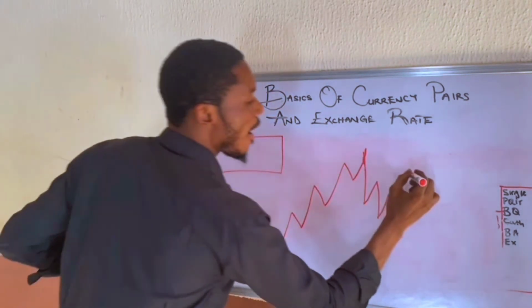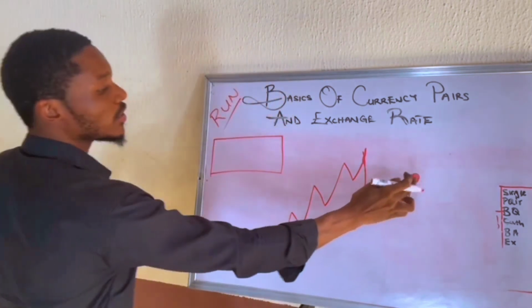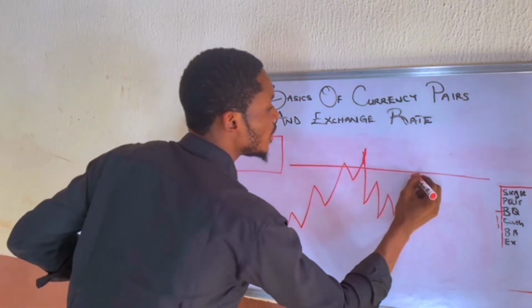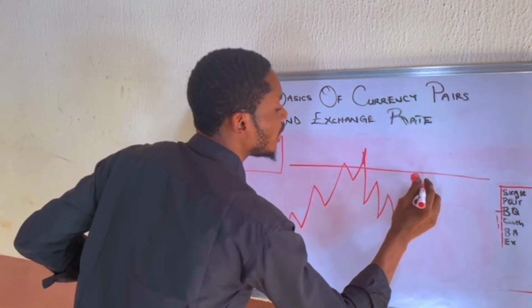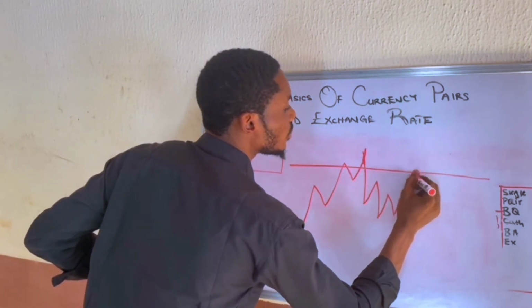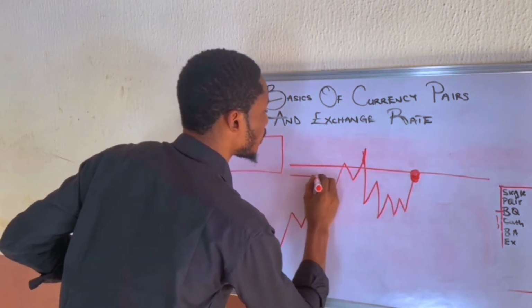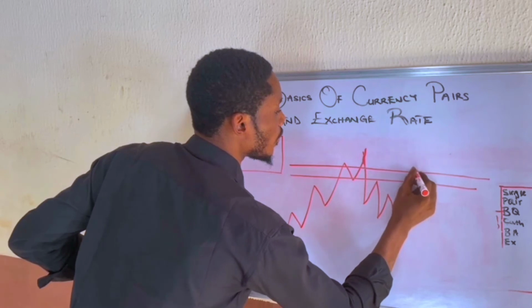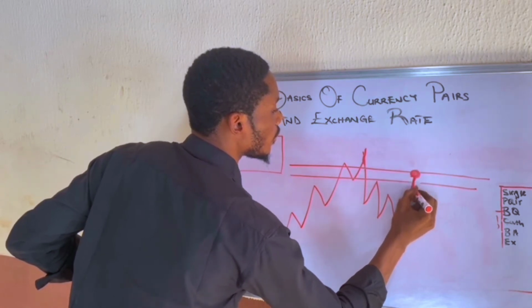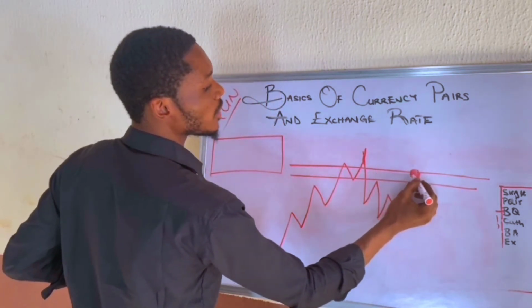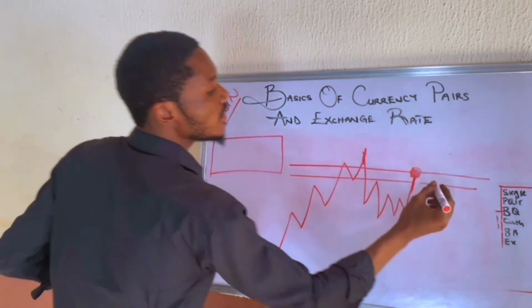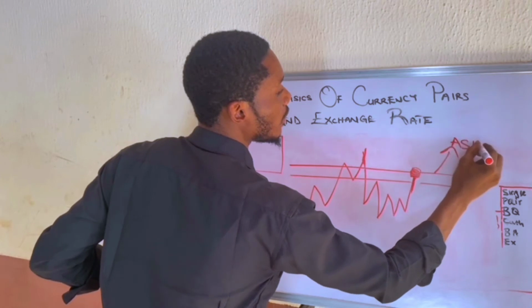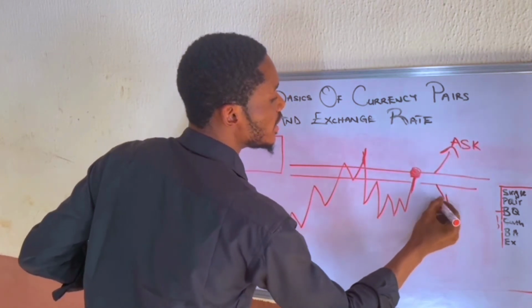The market is currently at this particular zone. You see two straight lines. Check it very well. You see two straight lines like this. So the market is currently at this particular line. So this will be your ask and this will be your bid.